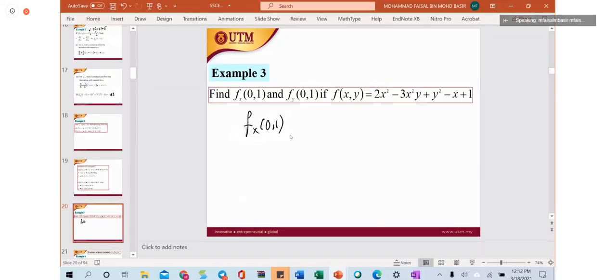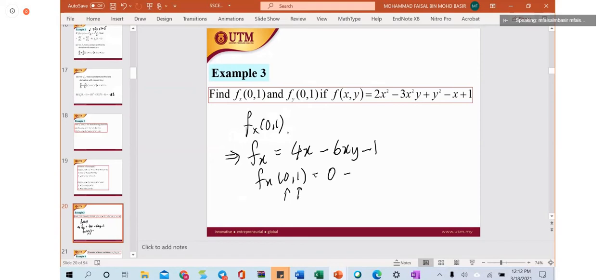fx(0,1). Okay, for this question, you try to do fx first. Fx is 4x, 6x, y equal to 0 minus 1. So fx(0,1), which means your x is 0, y is 1, will be 0 minus 0 minus 1.